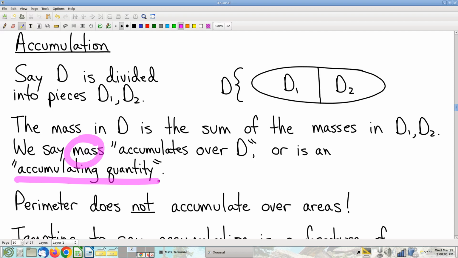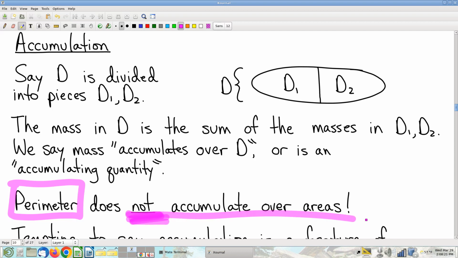But I do want to point out, just so we're all clear on it, that there are some quantities that are not accumulating quantities. And I think an easy first example to talk about is perimeter. Perimeter is not an accumulating quantity in the sense it does not accumulate over areas. Now I want to walk through this carefully so you see exactly what I mean by this.